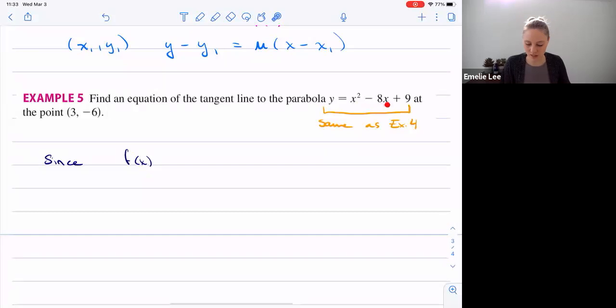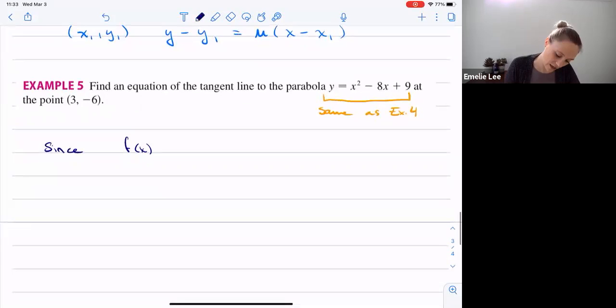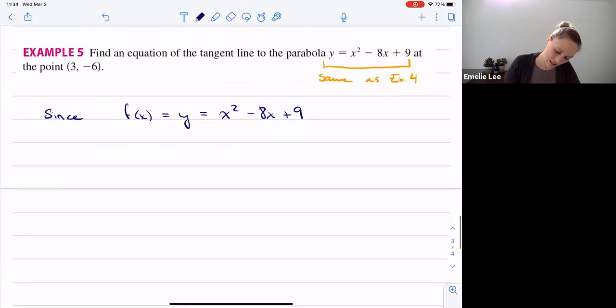So f of x equals y, which is x squared minus 8x plus 9.